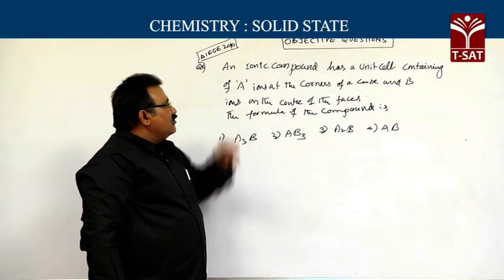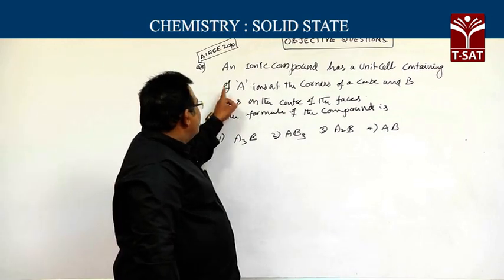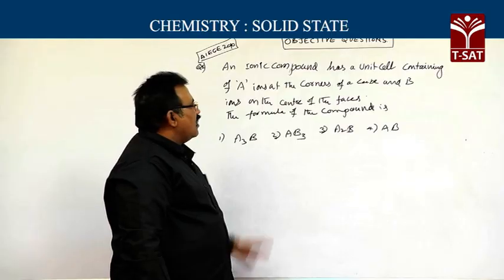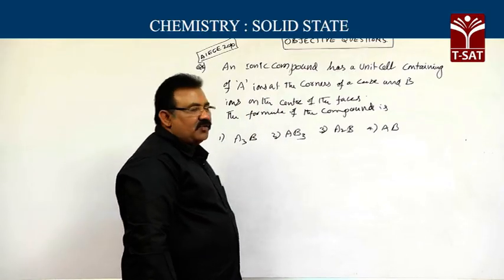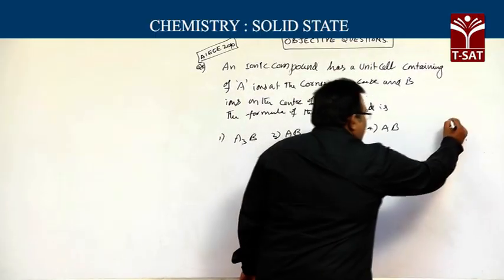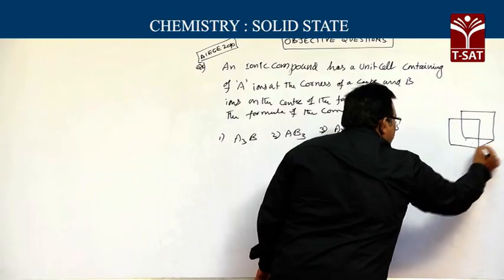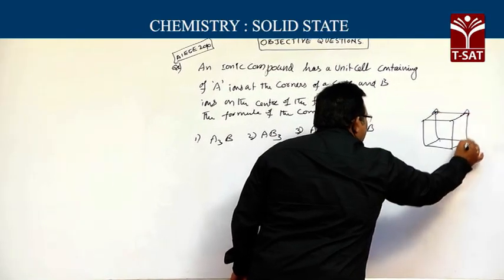An ionic compound has a unit cell consisting of A ions at the corners of a cube. A ions are present at corners of a cube. I am drawing the cubic structure. How many corners are present?